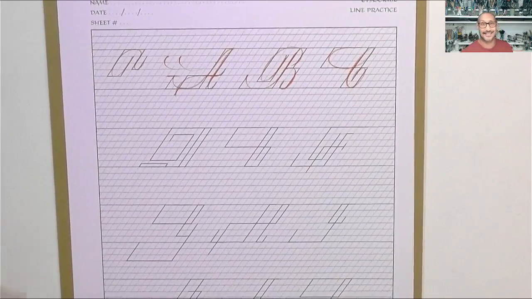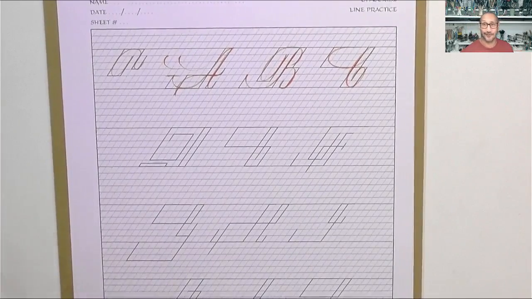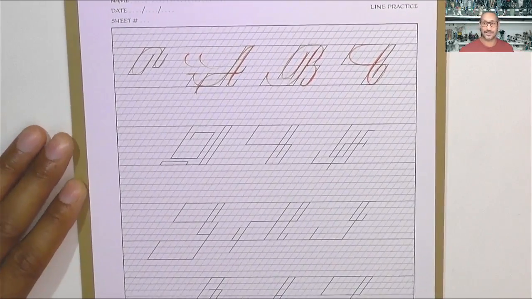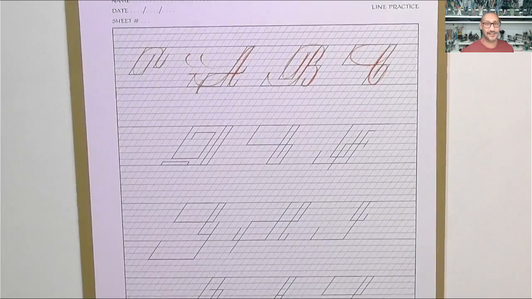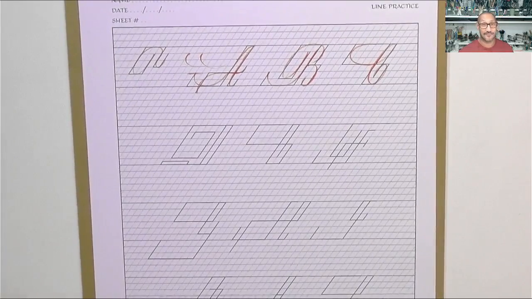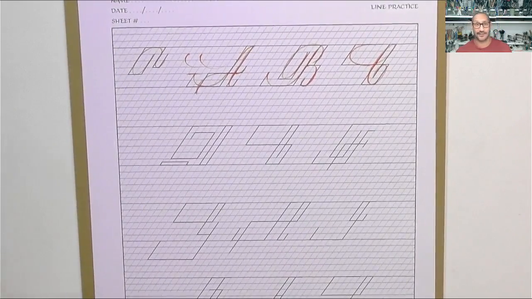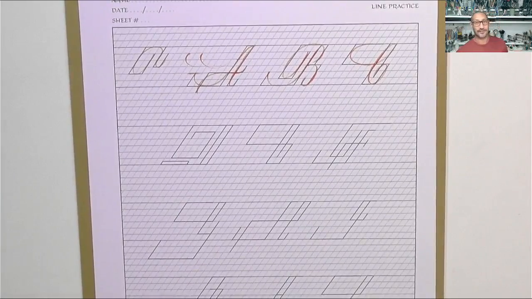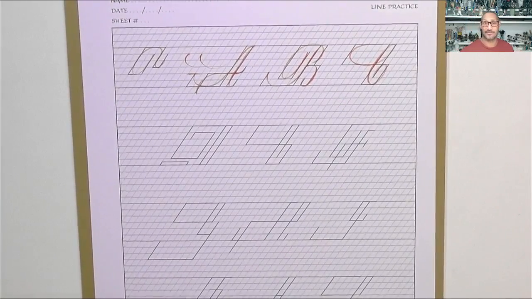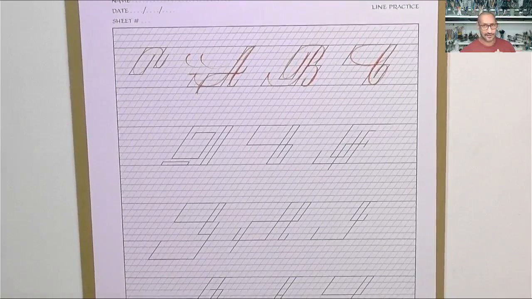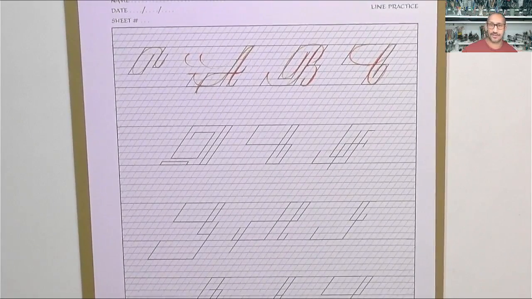Now, the D is a letter I get asked a lot about. Lots of people say to me, how do you write this letter? It's so confusing. And with the Angular confinement pattern that I've developed, a lot of people found that it really helped them to understand the balance. Now, just remember, this is my own script.